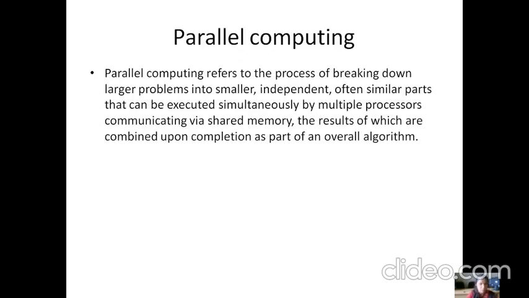So parallel computing breaks up a task into smaller pieces and executes those pieces at the same time. Whenever you give a large task to parallel computing, the first thing it does is break this large task up into smaller pieces.